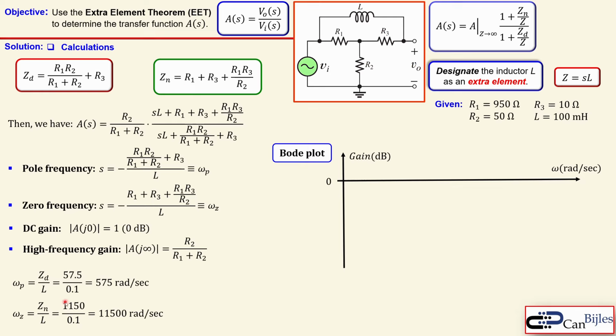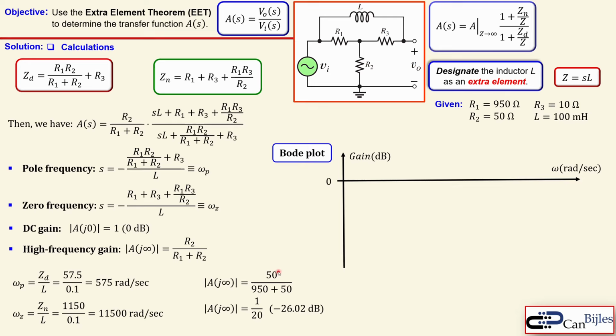That will be 1150 over the 0.1 henries. That will give you 11.5 kiloradians per second. The gain for high frequencies can be determined using R2 and R1, which is 50 over 1000, which is effectively 1 over 20, which in dB is approximately minus 26.02 dB.